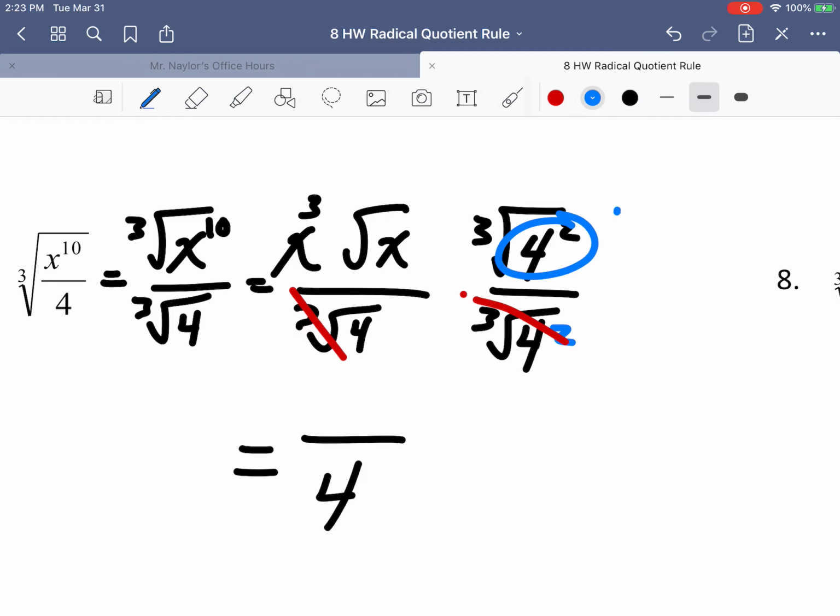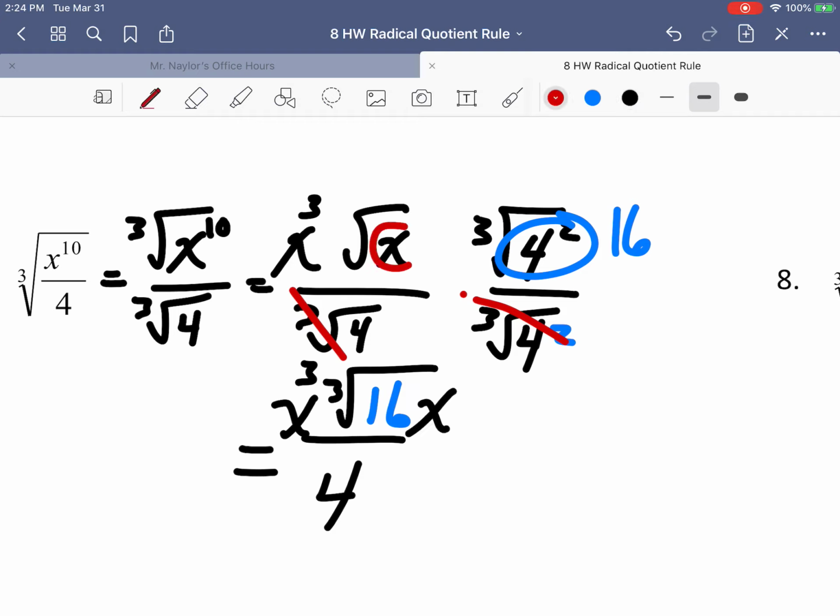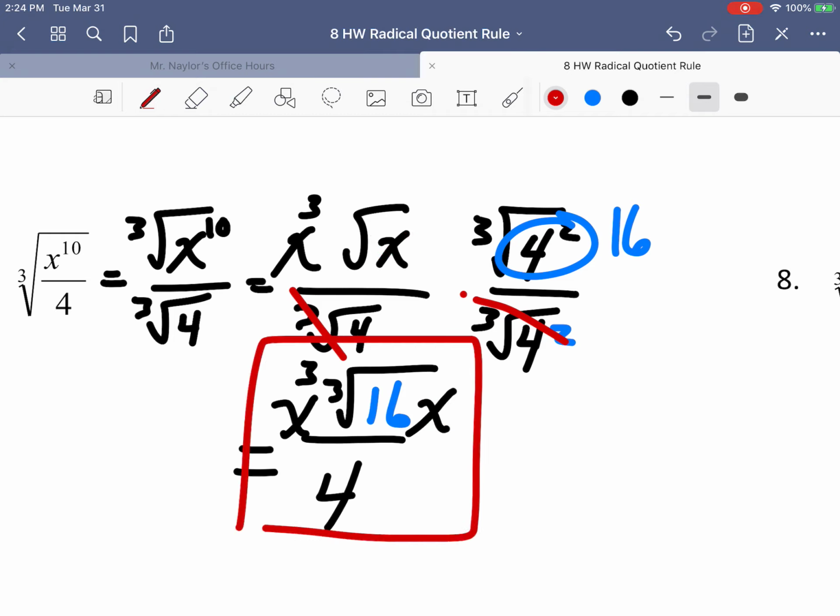The 4 squared is actually the number 16, which I'm going to be able to put under the radical on the numerator. We're going to have a 16 that's under there along with this x. Now that x I just wrote down is that circled x. Now, it's a pretty good job, but it's actually not done yet.